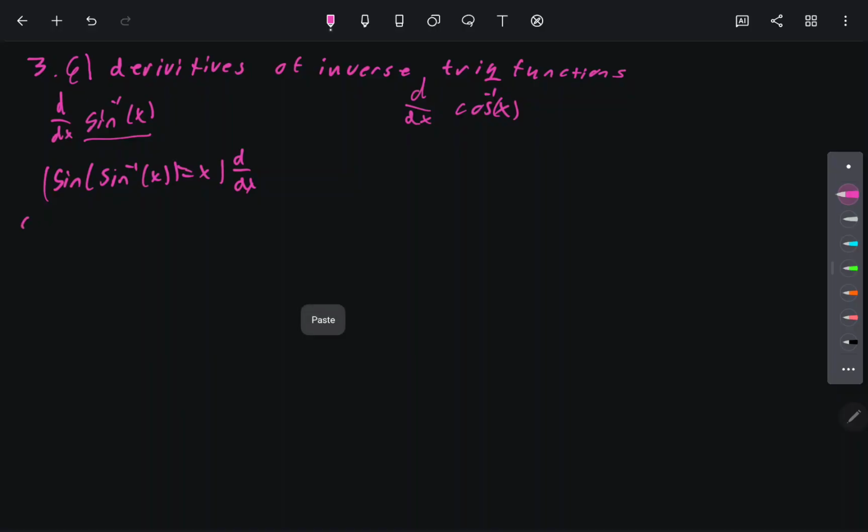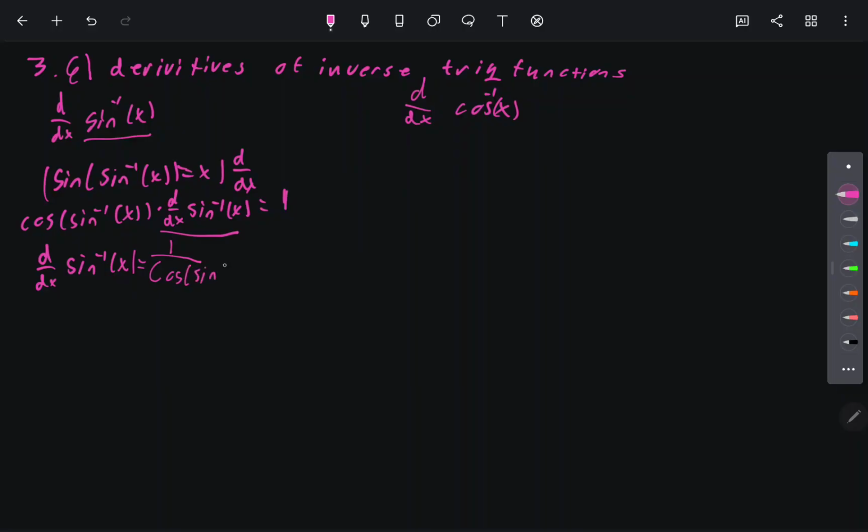That's going to be cosine of sine inverse, as that's the derivative of the outside times the derivative of the inside, but we don't know what the derivative of the inside is yet, so we're just going to call it d/dx of sine inverse of x. However, we know what this is, so in theory we can solve for this. So we're going to say d over dx, or the derivative with respect to x of sine inverse of x, is equal to 1 over cosine of sine inverse of x.